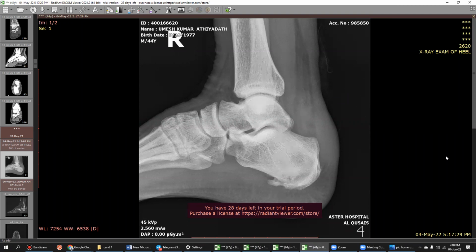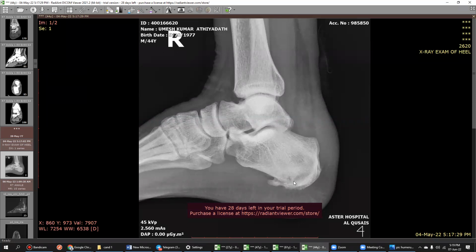In the other view there is a focal hypodense or lytic lesion surrounded by massive sclerosis. My first impression is chronic osteomyelitis, or it is sequelae of osteomyelitis in this region.